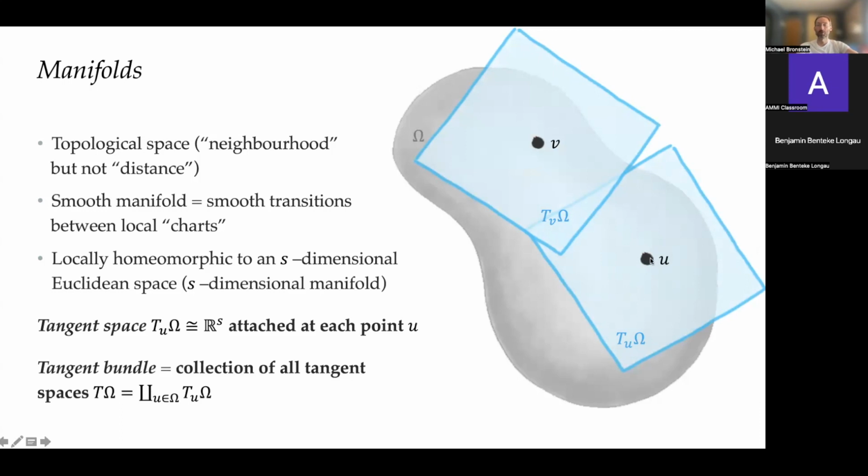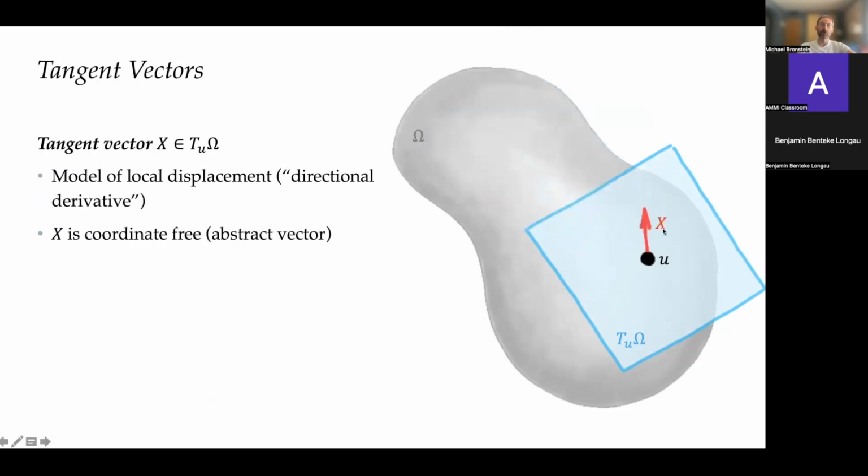So, bottom line, we can represent the space around every point of the manifold, but we don't have a global representation for it. We can work in the tangent space only locally. In the tangent space, we have tangent vectors. I denote them by capital letters, X, and they model a kind of local displacement.